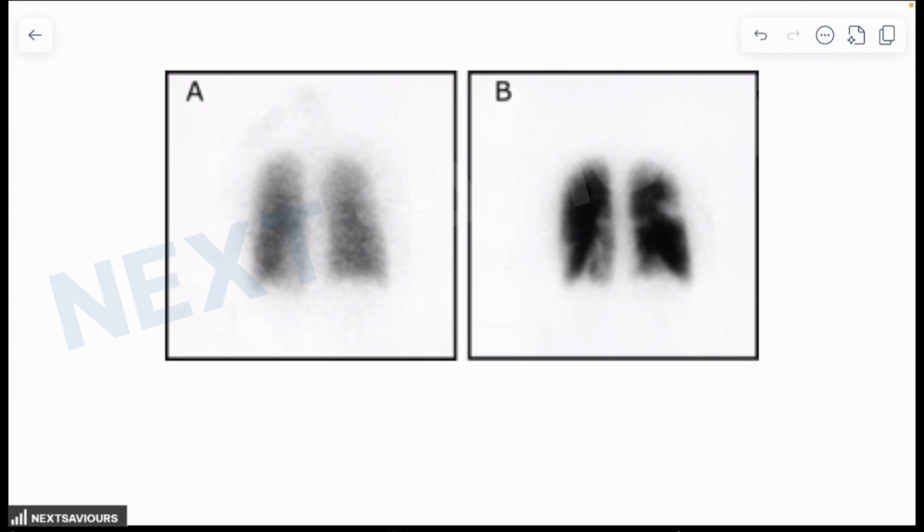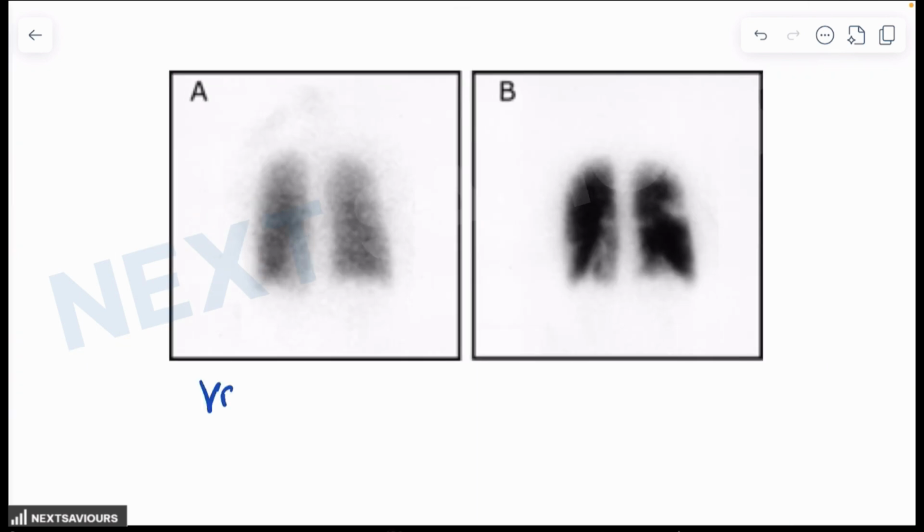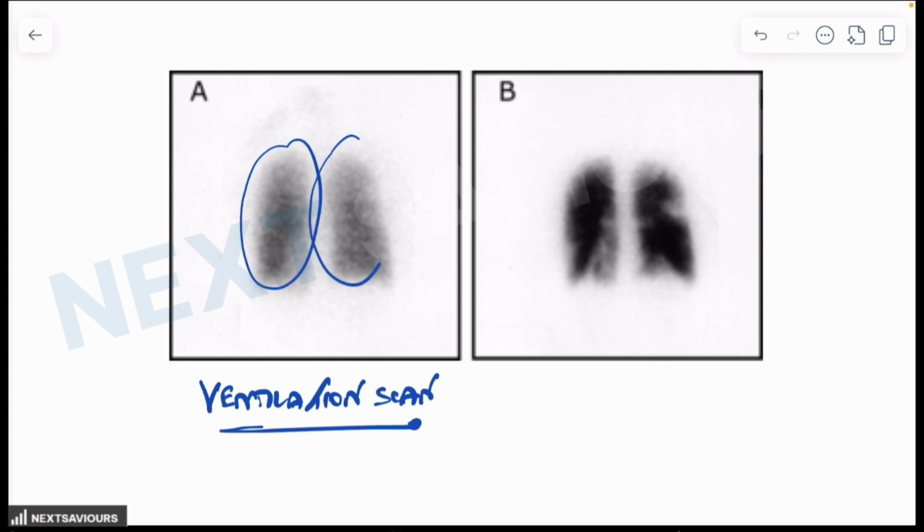Normally what happens is there is a ventilation scan where there is an assessment of the airflow in the lungs. Now, the patient inhales the radioactive gas or aerosols like xenon 133 or technetium 99 DTPA. And the imaging is obtained, and the areas of airflow in the lungs can be seen with the adequate ventilation.